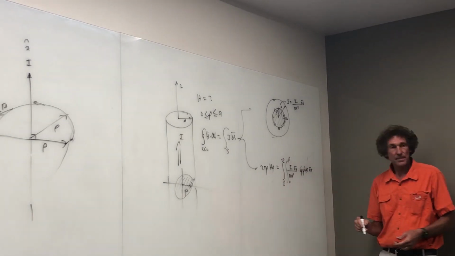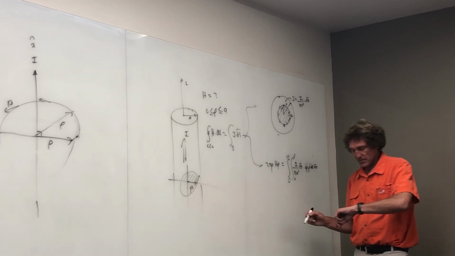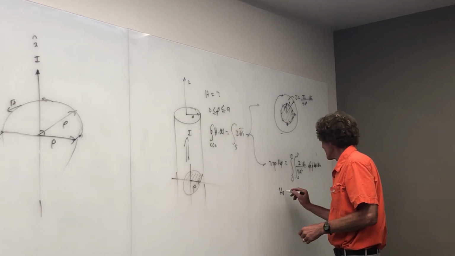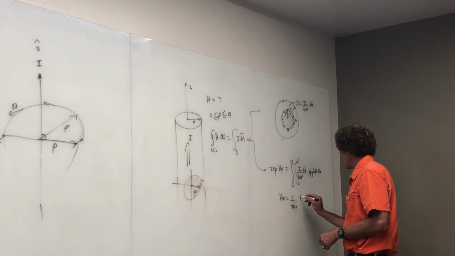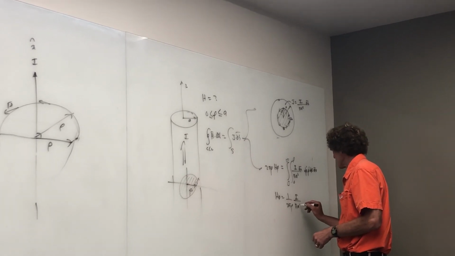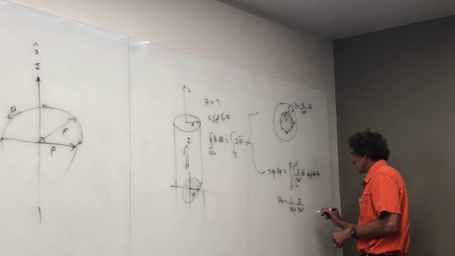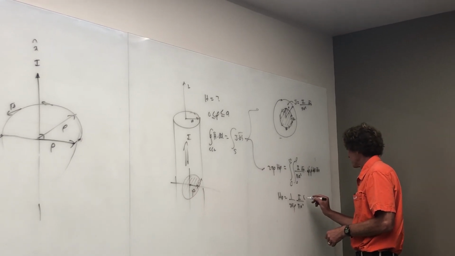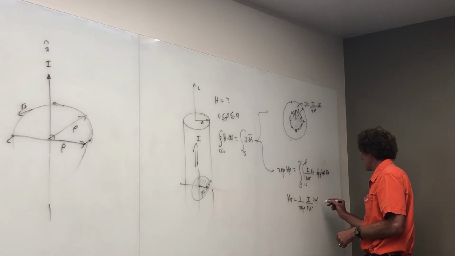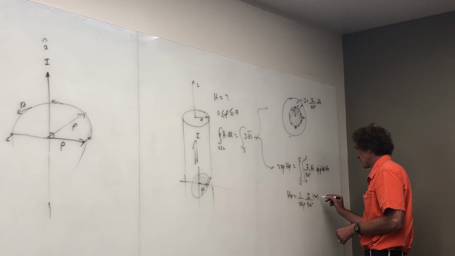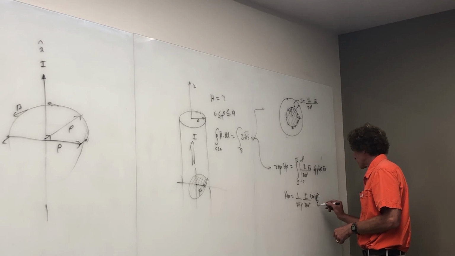And that's it. And that means my H phi, I'm already over, H phi would be 1 over 2 pi rho. And then there would be an I over pi a squared. And then when you do the integral, you get 2 pi, and then you get rho d rho, so rho squared over 2.